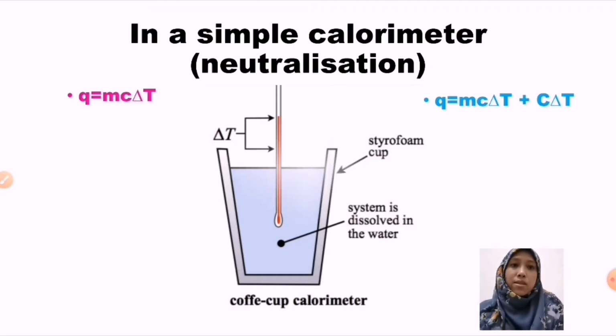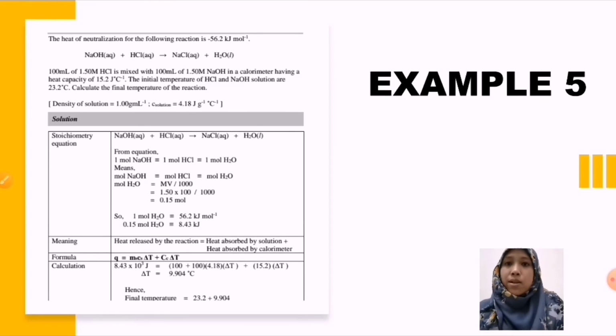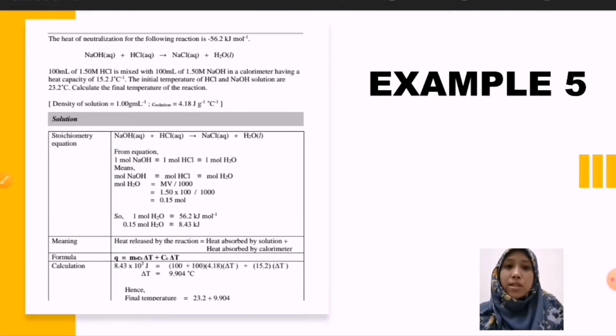So next, let's look at example 5. So this is example 5 in your module. Heat of neutralization negative 56.2 kilojoule per mole. So yang ni merujuk kepada 1 mol air yang terhasil lah. Okay, so sekarang dalam soalan ni dia bagi delta H. So soalan bersih reverse.